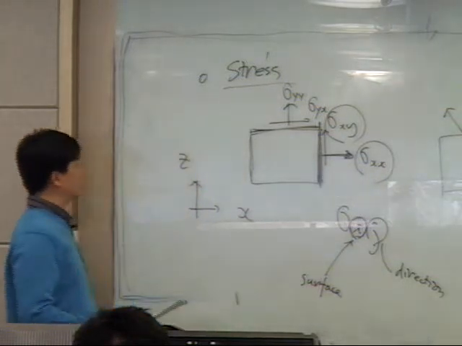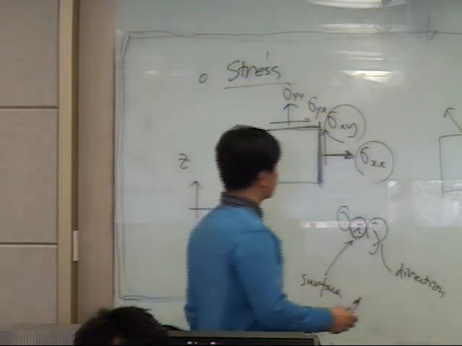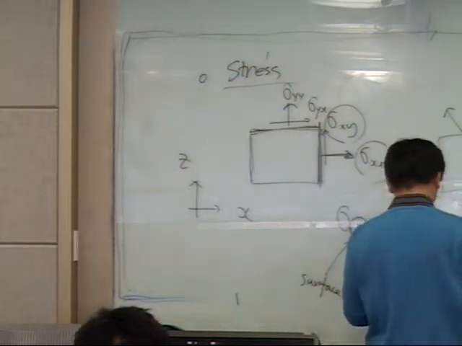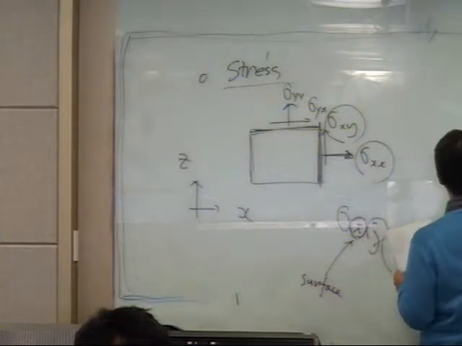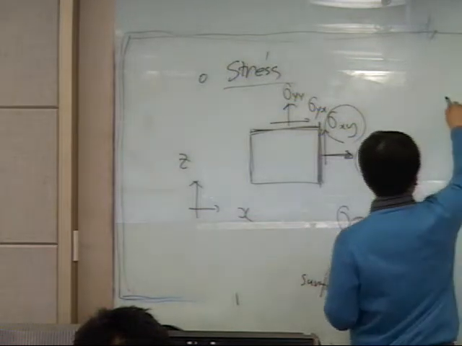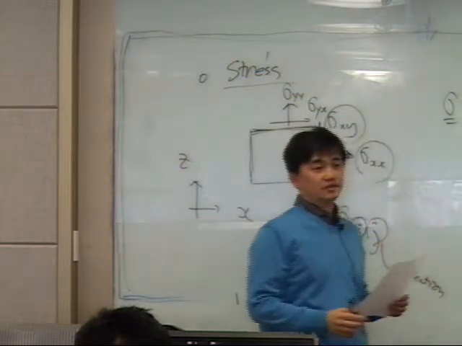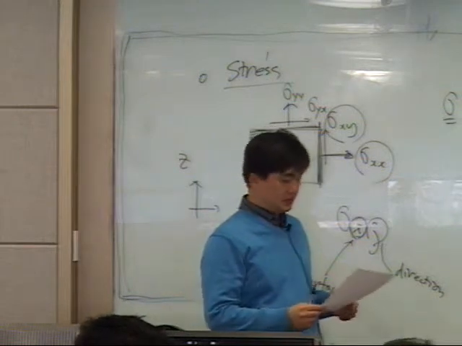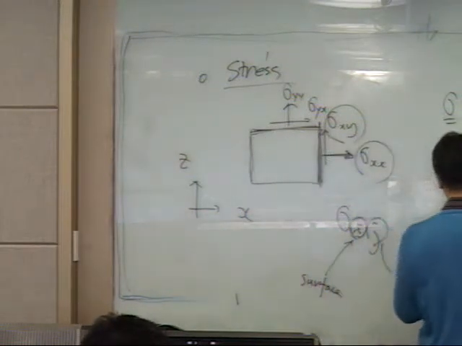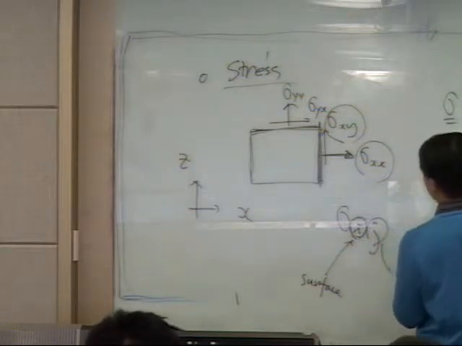So in 2D we have four stress components like that. The nature of stress is actually a tensor. Maybe most of you don't know about tensors, so I'd like to say it's a matrix.